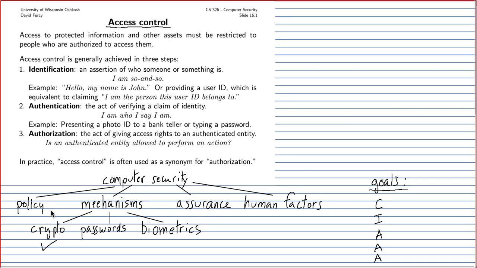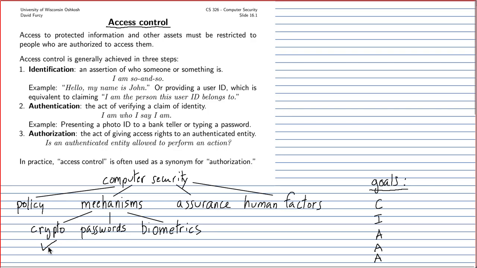And then once the policies have been established, we put in place mechanisms to implement those policies. These mechanisms have to be designed, configured, implemented, and then they have to be used and enforced. So remember, other names for mechanisms include controls or countermeasures, and cryptographic primitives are one such kind of mechanism.